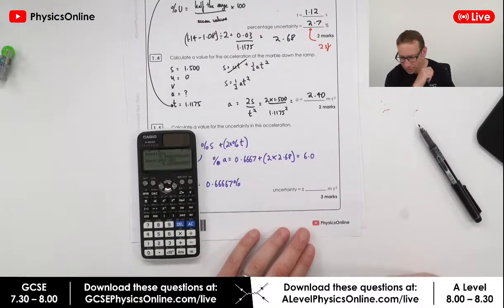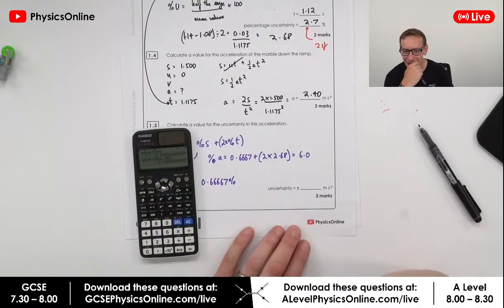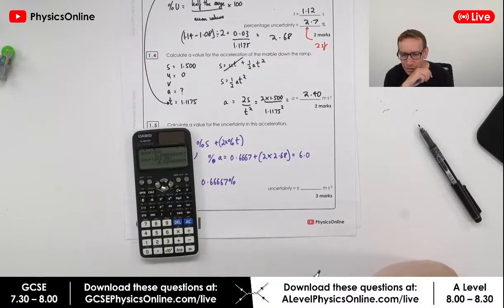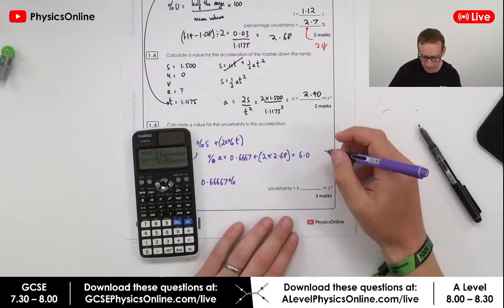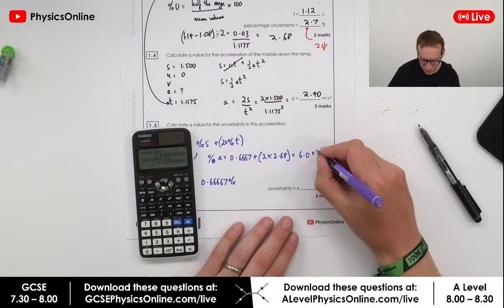Have I made a mistake somewhere? That doesn't seem right. Cool. Okay. So that's about 6%.